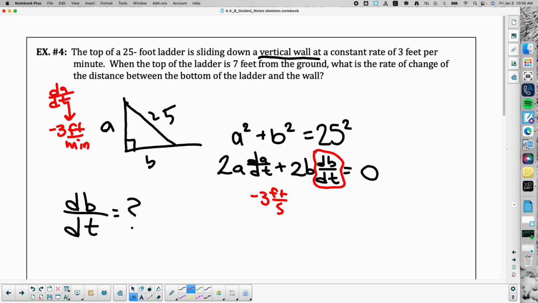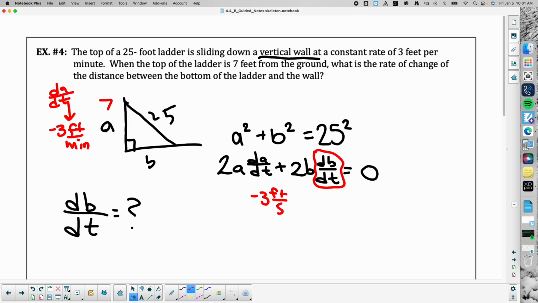Probably. Would that make A, B, 7? Oh, that's what I was getting at, yep. So it does actually mention when the top of the ladder is 7 feet from the ground. That's going to be the information that's at an instance. So, correct. Now this is a constant change, this is an instance, and we can figure that out. Do you have to do Pythagorean theorem to find B? Yeah.